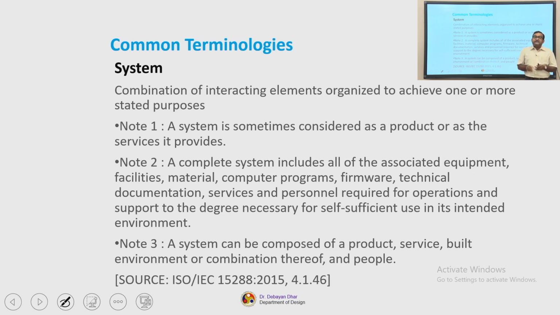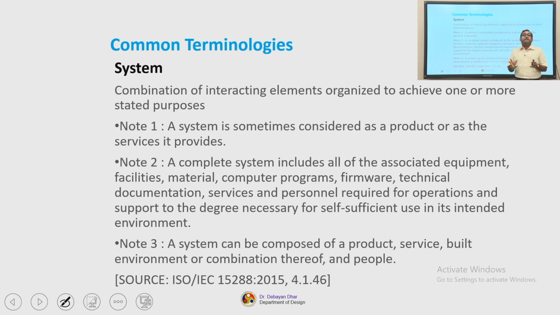A complete system includes all of the associated equipment, facilities, material, computer programs, firmware, technical documentation, services and personnel required for operations and support to the degree necessary for self-sufficient use in its intended environment.